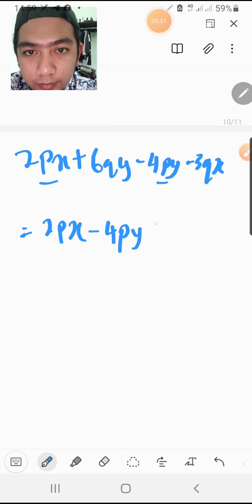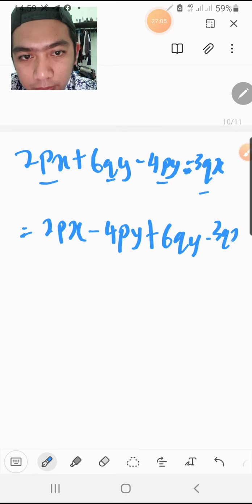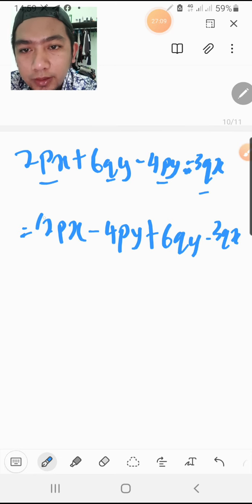Okay, and then 6qy. You have to follow its sign here. Okay, so negative, negative; positive, positive. So negative 3qx. Okay, so you bracket it.